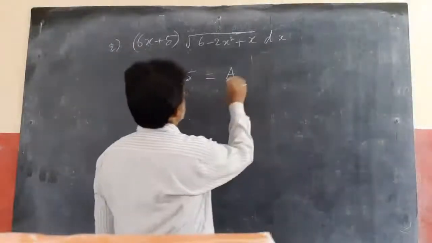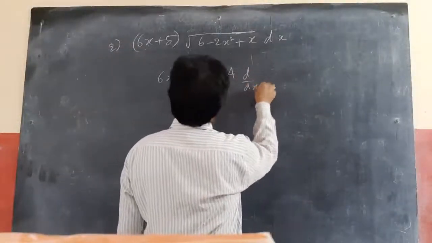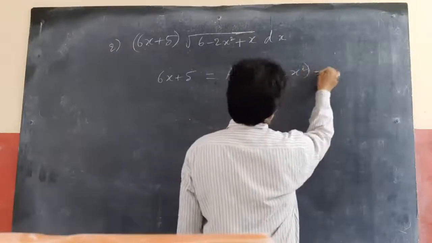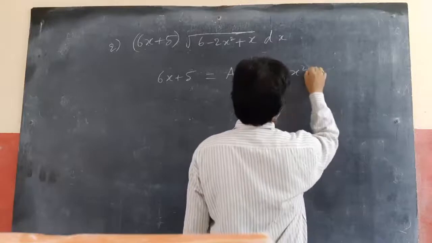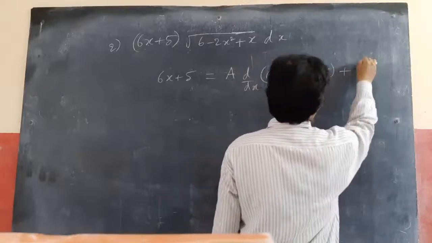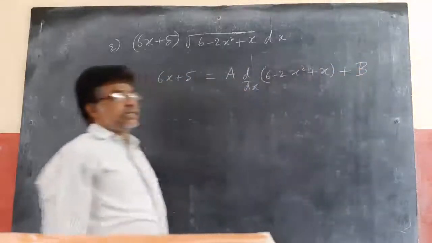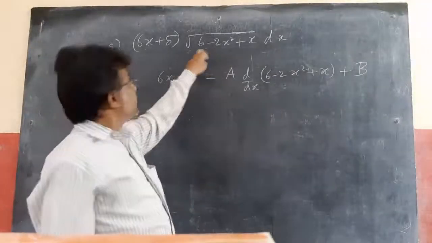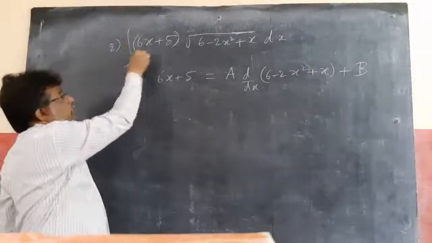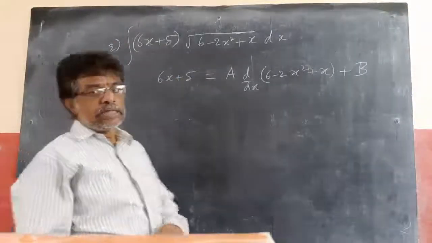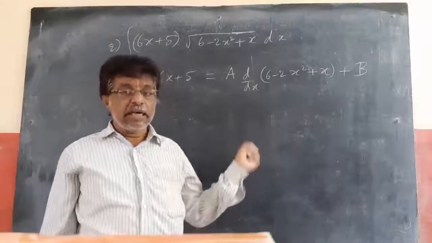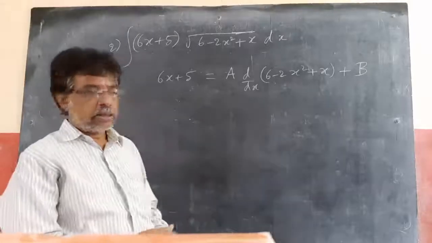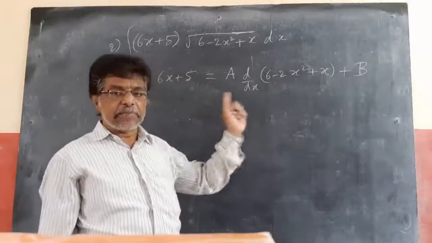What is the quadratic here? d by dx of 6 minus 2x square plus x, plus b as is. There is no b into denominator, just plus b. And here it is not a denominator, here both are in numerator. So that's why I told you 3 forms: px plus q by the root of quadratic, px plus q into the root of quadratic. Out of the 3, any method, same procedure.